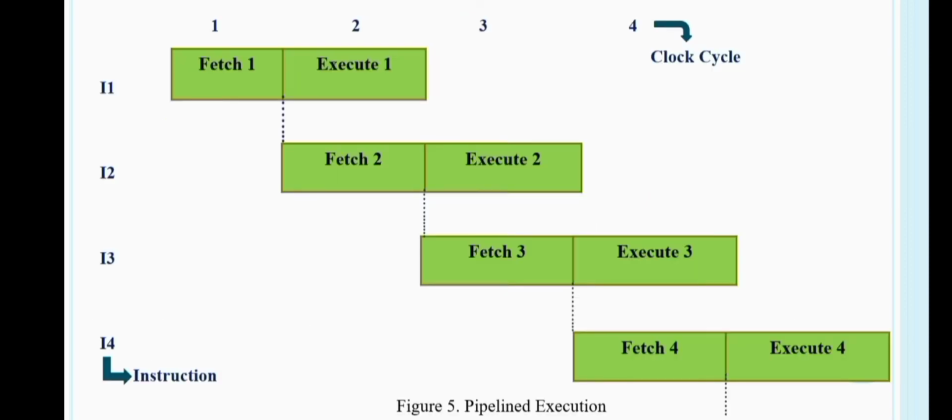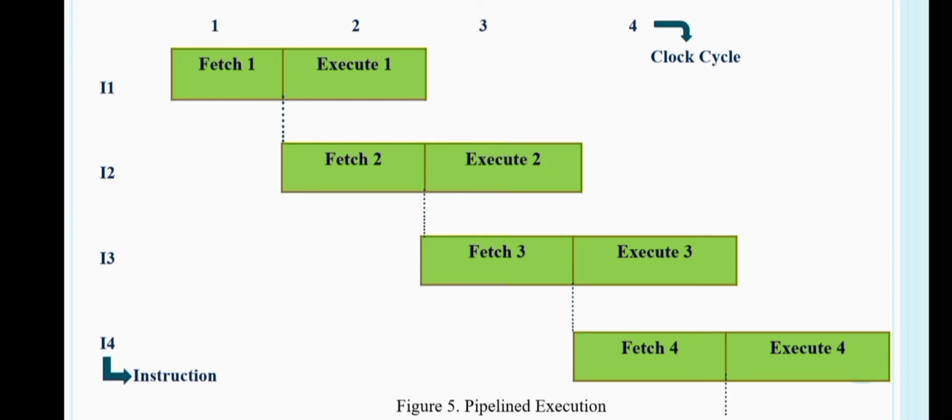This is the diagram of pipelined execution. We want to speed up the performance. We want to achieve concurrency. How can we achieve concurrency? What is concurrency? Instruction 1 is being fetched and executed. During the execution of instruction 1, fetching of instruction 2 will start.